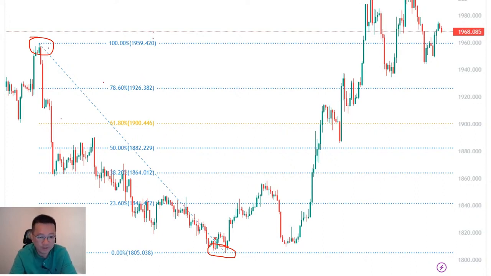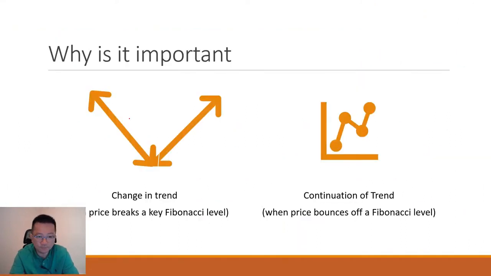And we can see that 61.8 in gold there is that key Fibonacci level. All right. Let me just see any questions. Okay. So the question that always comes up is which key level do you draw to, which ones to pay attention to. I'll get through all that in this session.